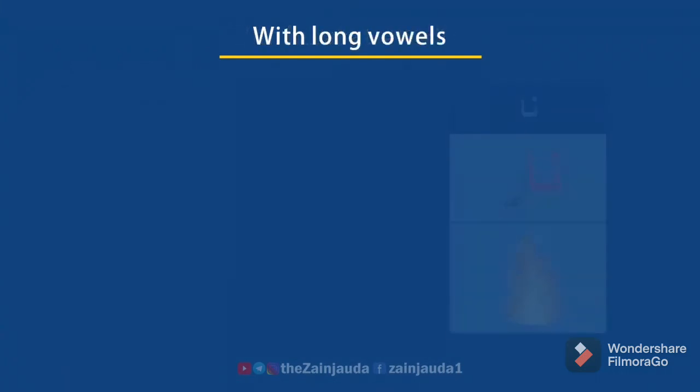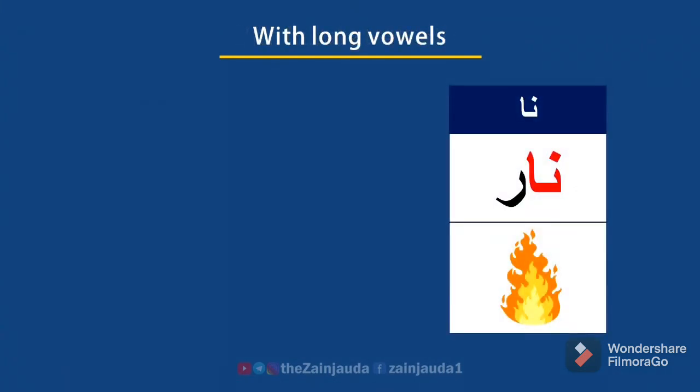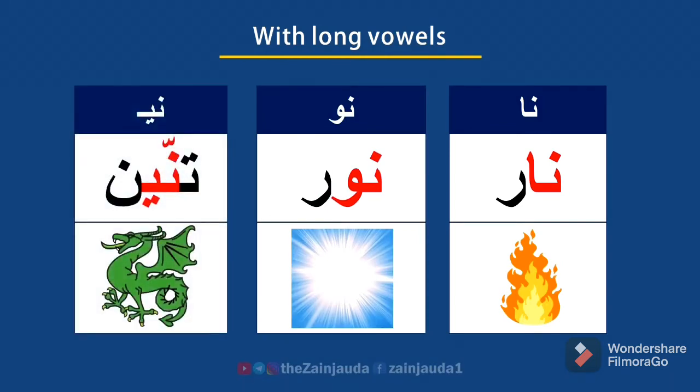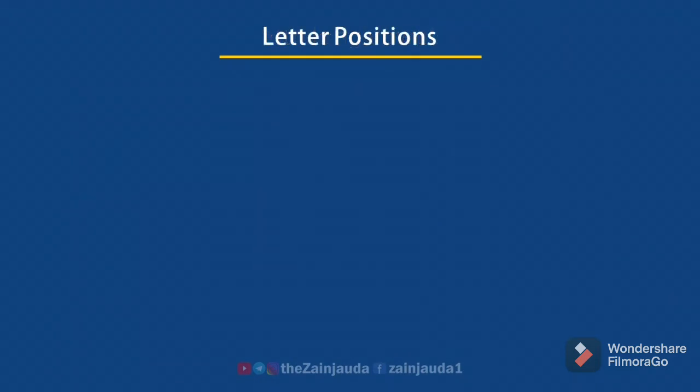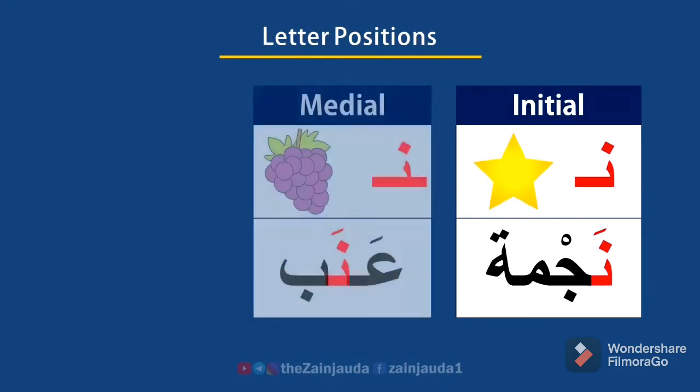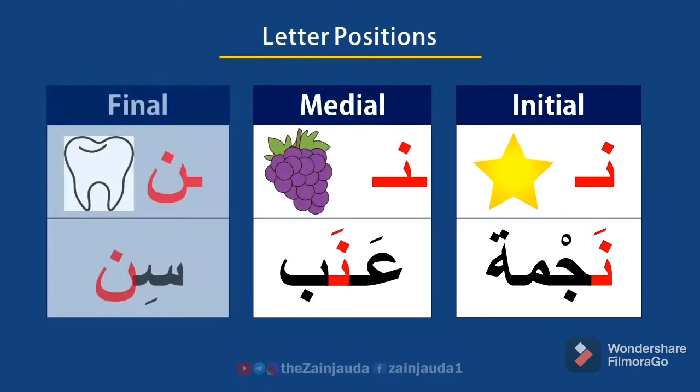With long vowels we have Nar, Nur, which means light, and Tinnin. As far as the positions of Noon, in the first position, Najma; in the medial position, Anab; and in the final one we have Sin.